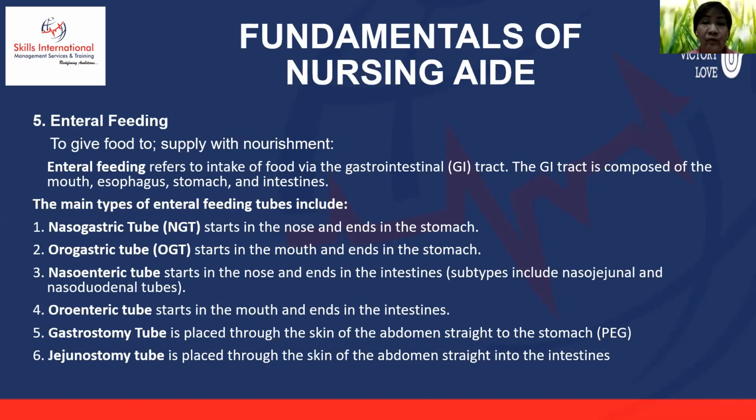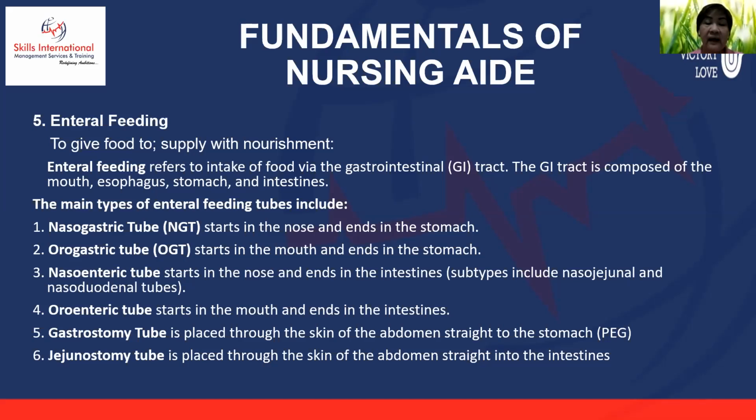So when we provide enteral feeding for our patients, we provide food via a tube, the nasogastric tube, from the mouth or from the nose directly to the stomach. So, the main types of enteral feeding tubes. Enteral feeding, remember, is by the use of tubes.